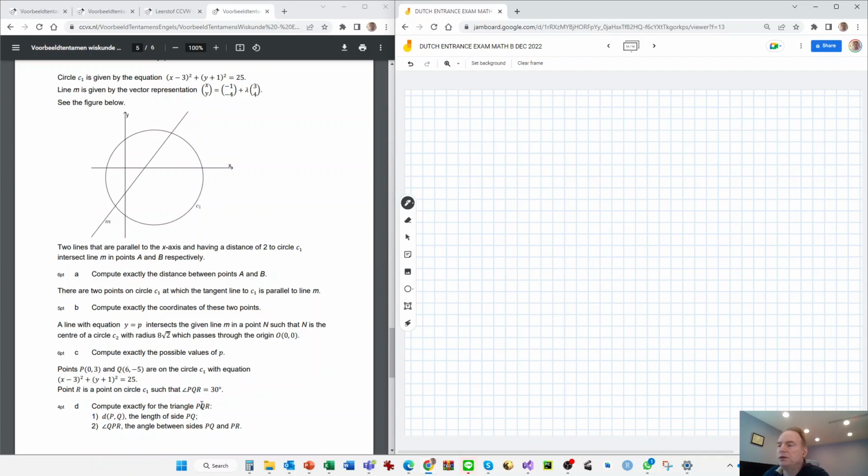Compute the length of side PQ. The length of side PQ. Well, that will just be the distance between these points. And then the angle QPR. So let's try to draw it.